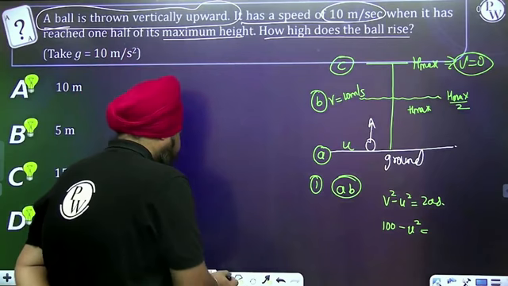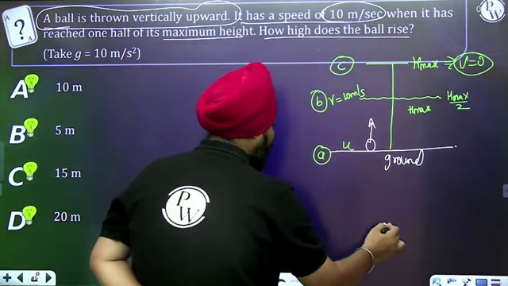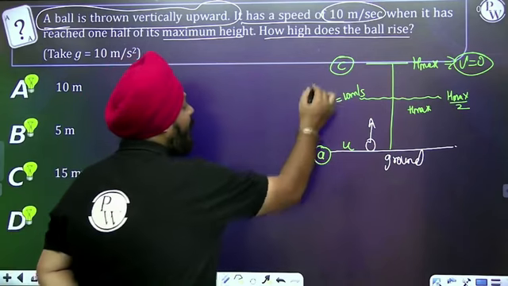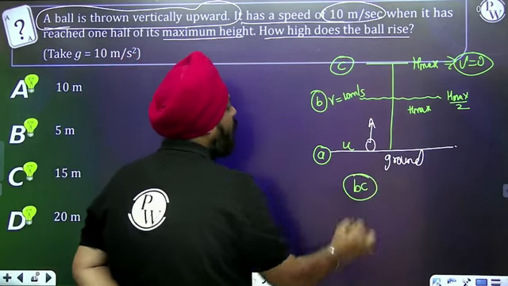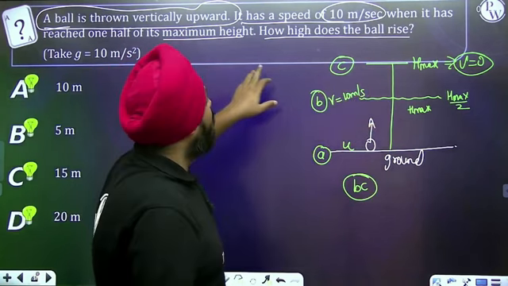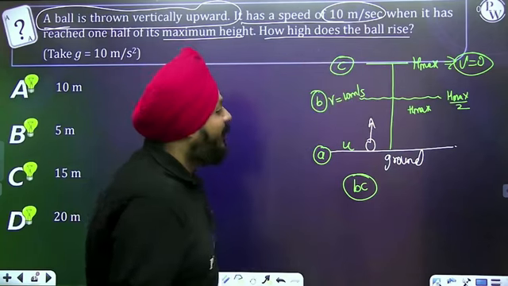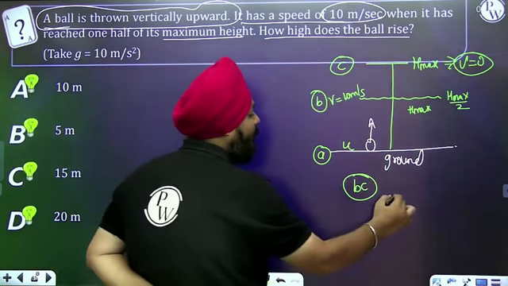Rather than following that long approach, we can directly apply it to B and C, because here velocity is 10. We do not want to calculate the initial velocity, we have to calculate the max height. Then we are going to apply in between B and C.